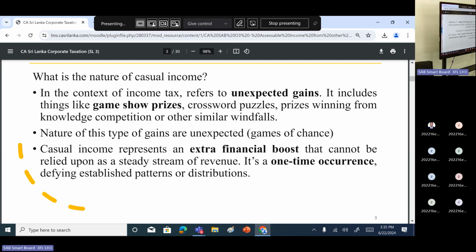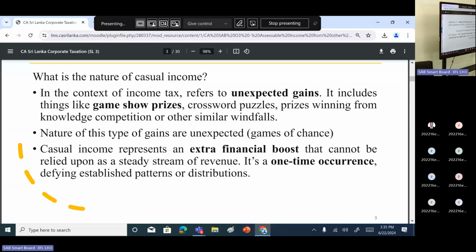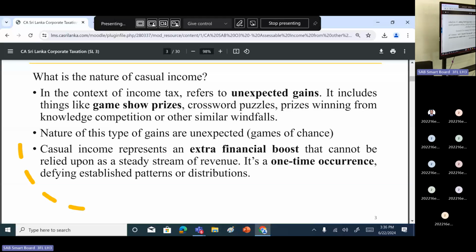But remember, winnings from a lottery come under investment income. When we discussed investment income, winnings from a lottery, gaming or betting come under investment income. Other than that type of thing, like game show prizes, crossword puzzles, if somebody is getting some sort of winning, that is in the nature of casual. Therefore, it is not coming under other sources of income.